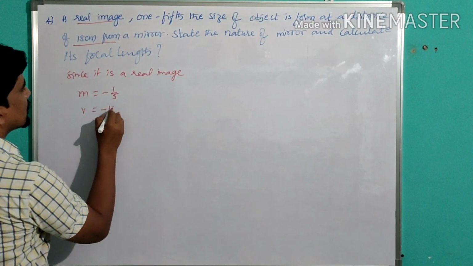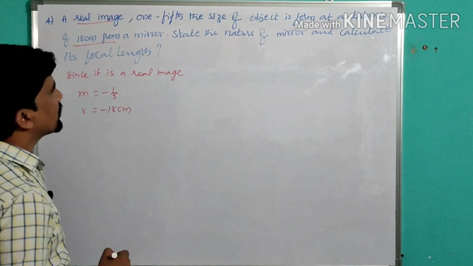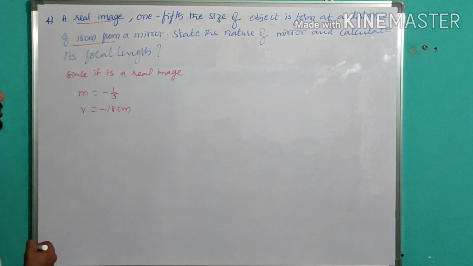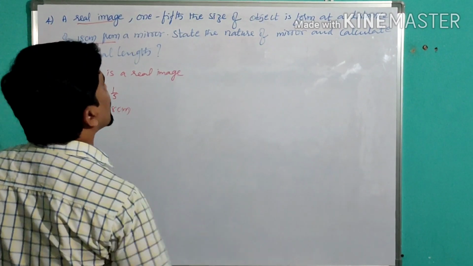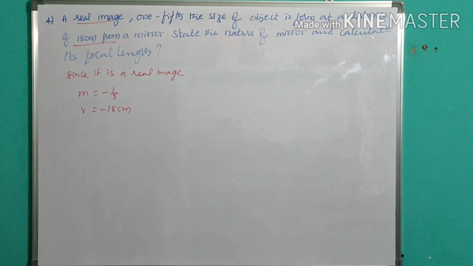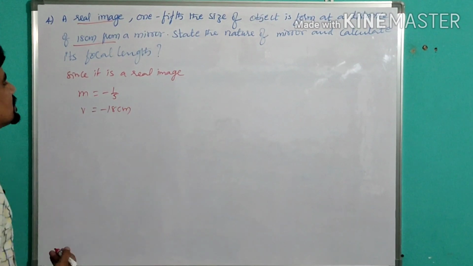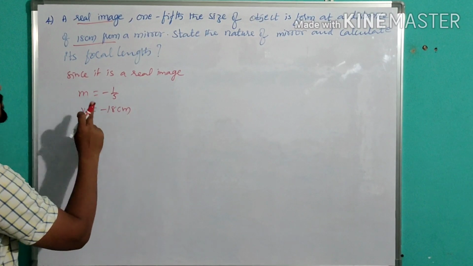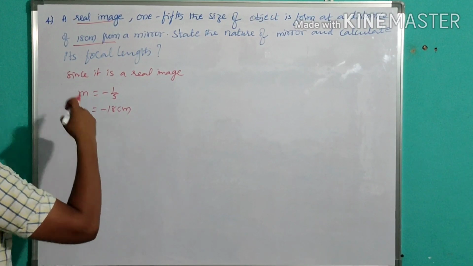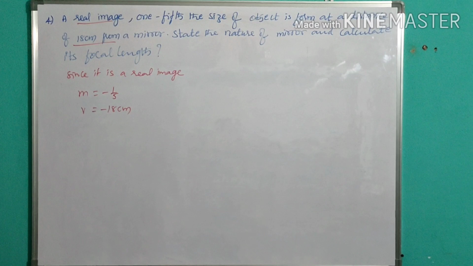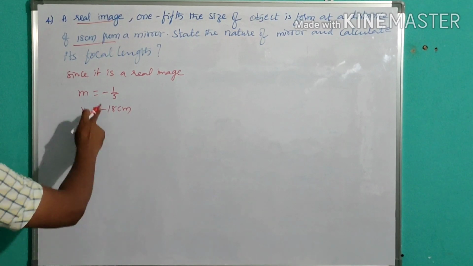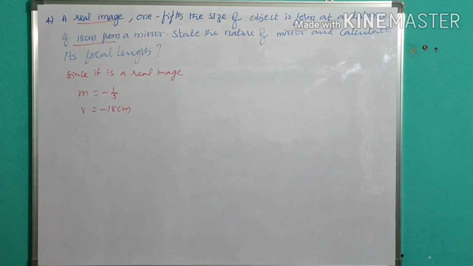So minus 18 centimeters. Now, state the nature of the mirror and calculate its focal length. Which type of mirror is it? Magnification negative, image distance negative, object distance also must be negative in this case because it's a real image, and for magnification negative, the mirror is a concave mirror.